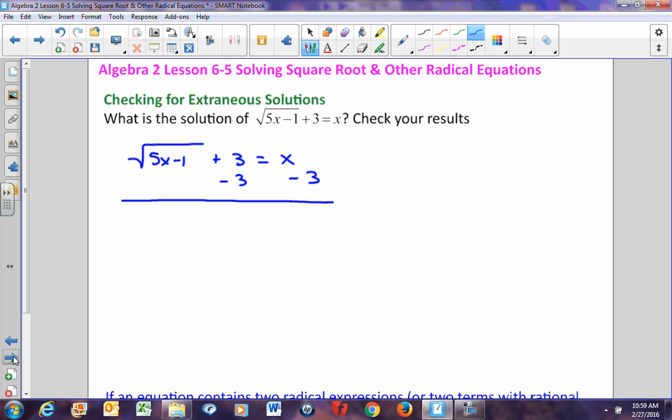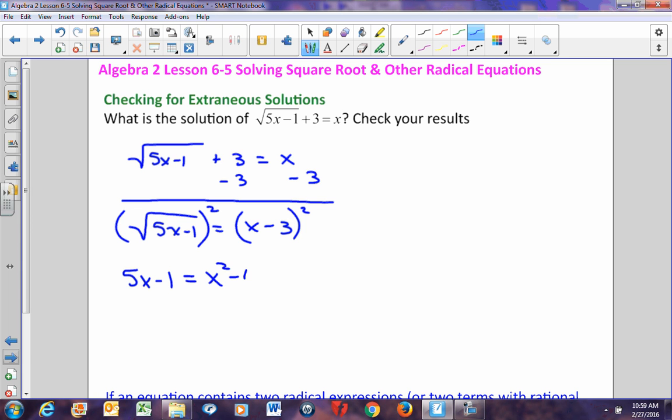So I'm going to get the square root of 5x minus 1 is equal to x minus 3. I have to square both sides. 5x minus 1. No need for an absolute value because I'm just squaring it. And that's going to equal x minus 3 quantity squared, which is x squared minus 6x plus 9.